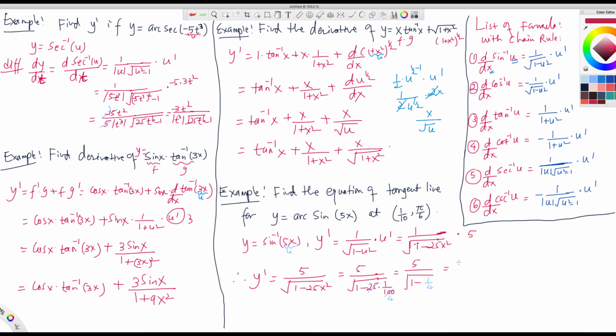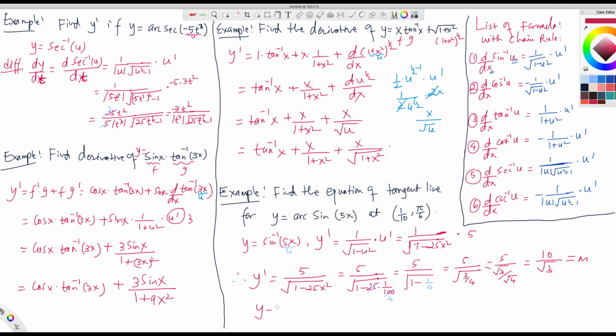So basically you get 5 over the square root of 1 minus 1/4, which is 3/4, right? But this can be written as 5 over root 3 divided by root 4. Root 4 is 2. You see that? So it will be 10 over root 3. That is y prime. So what is the final answer then? This is basically m, right?